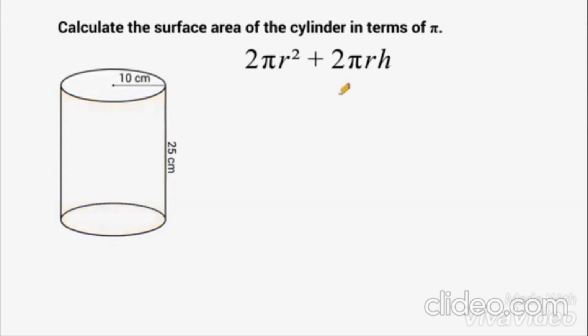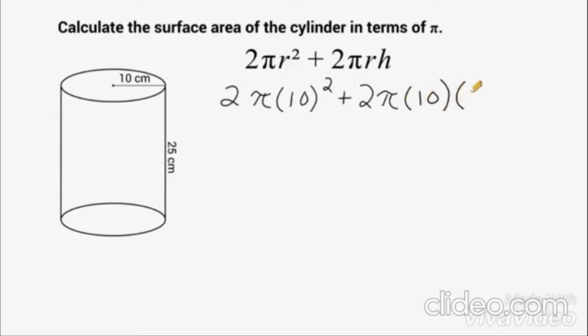So what we are going to do first is to identify the value of the radius and the value of the height in this problem. So we are going to rewrite this as 2 pi times radius squared, and in this case the radius is 10, so we substitute radius with 10. On the right-hand side of our plus sign we have radius again, which we substitute with 10 again.